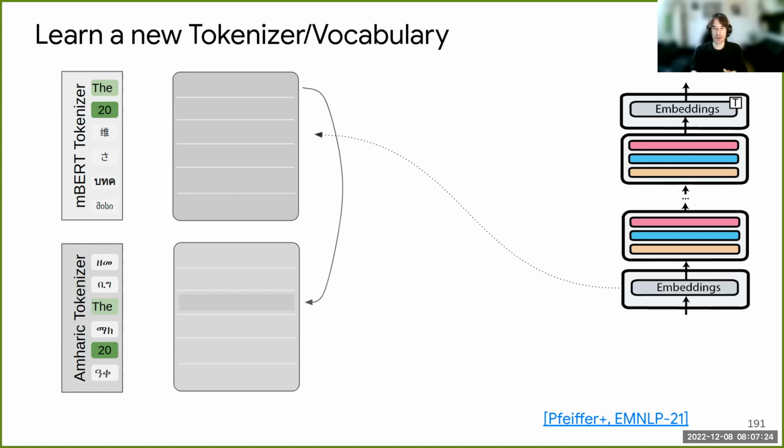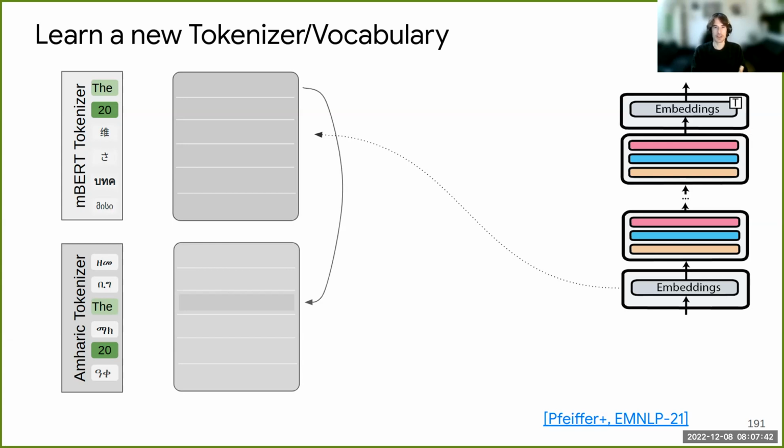In the paper from Jonas and other people, EMNLP 2021, we provide a bunch of different methods that can help you extend those tokenizers to unseen languages and unseen scripts, and this leads to massive improvements.